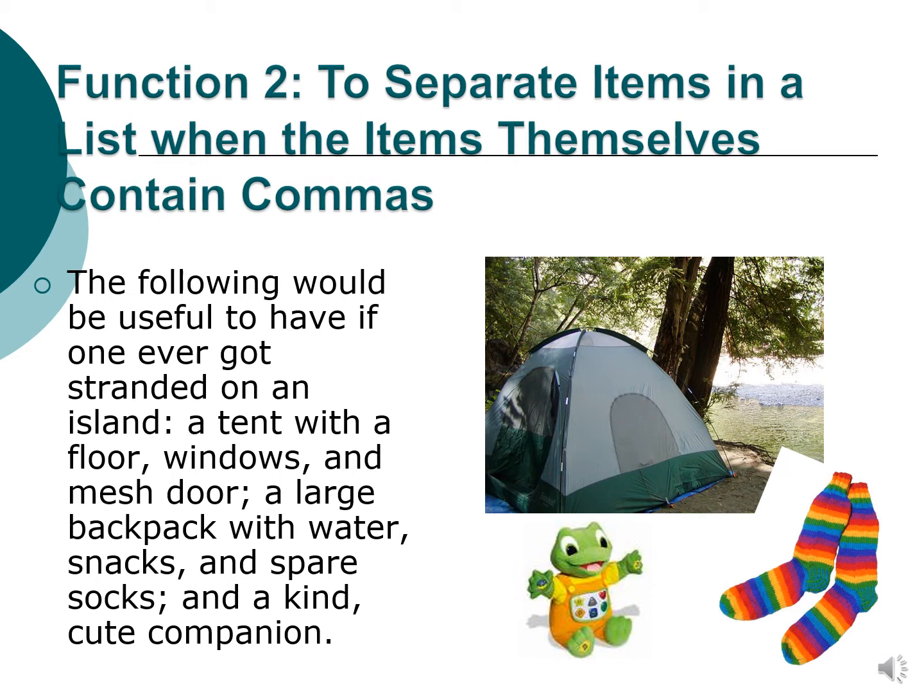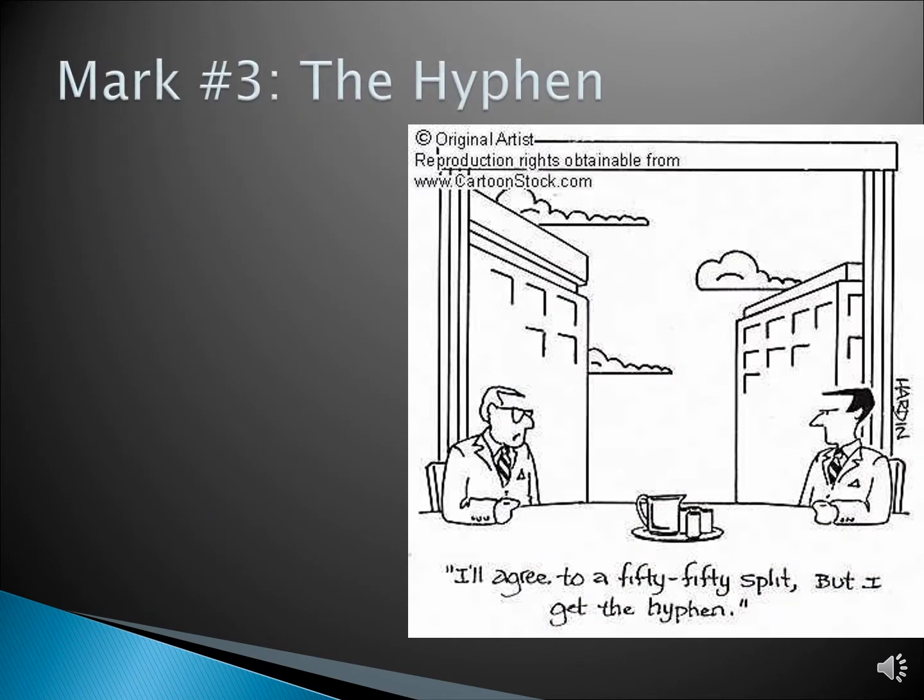So I really have three items in this list, but each item needs commas. So the semicolon is useful to make that much easier to navigate. So if you ever have a need to write a pretty complex list like that, go right ahead, but notice that the semicolon is going to be necessary. Mark number 3 is the hyphen.